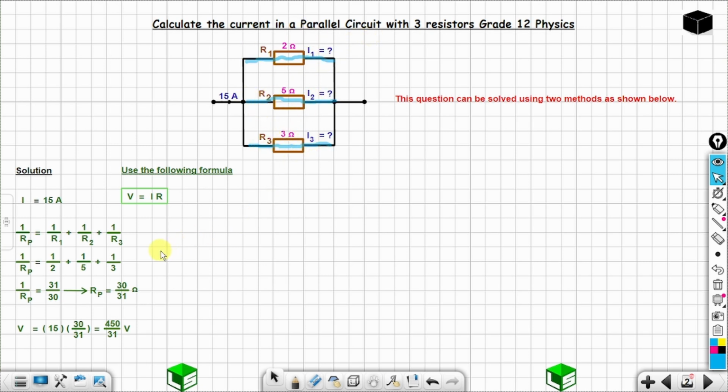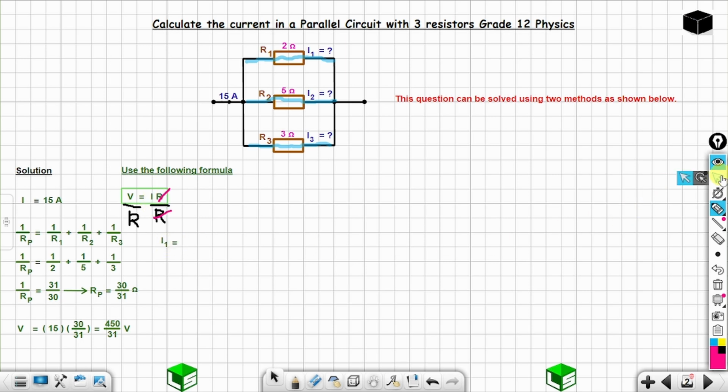Now we are going to find I1. You can divide by resistance on both sides so that you can cancel and remain with the current alone.